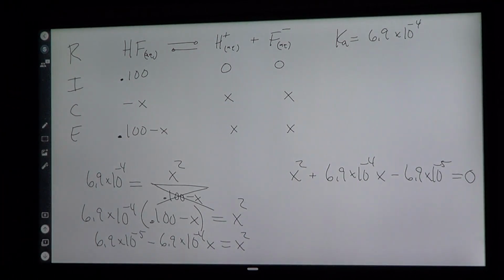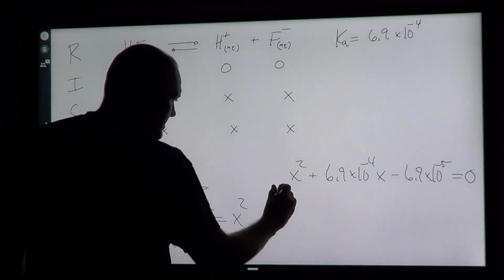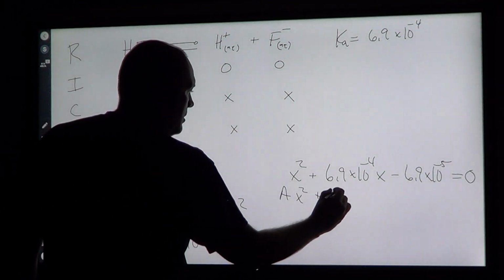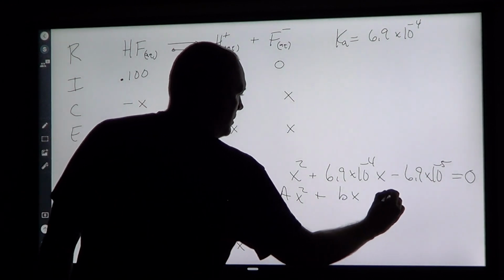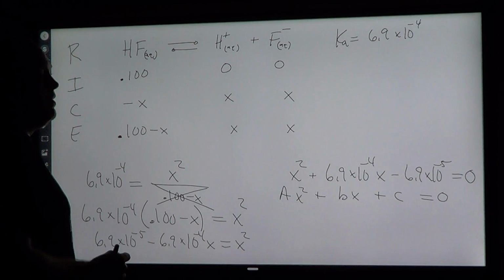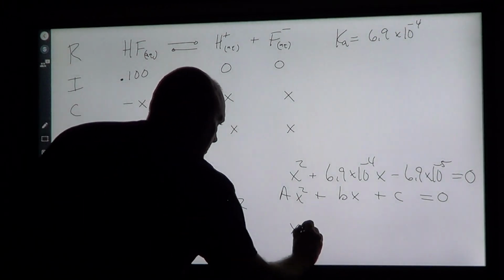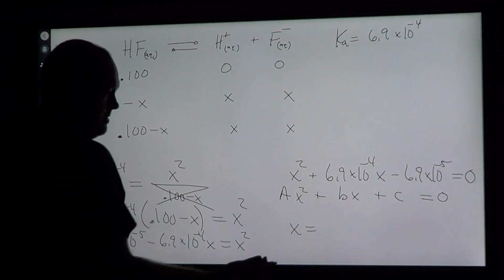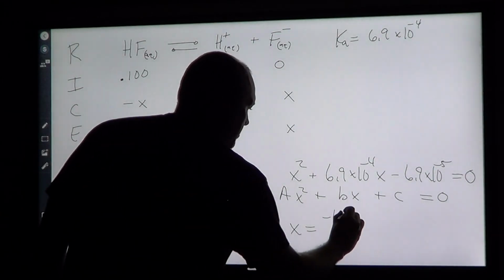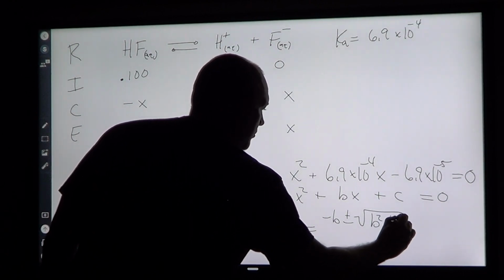And at this point, you now have to recognize that this is ax squared plus bx plus c equals 0, which means that the solution for x is the quadratic formula. So it's negative b plus or minus the square root of b squared minus 4ac, all over 2a.